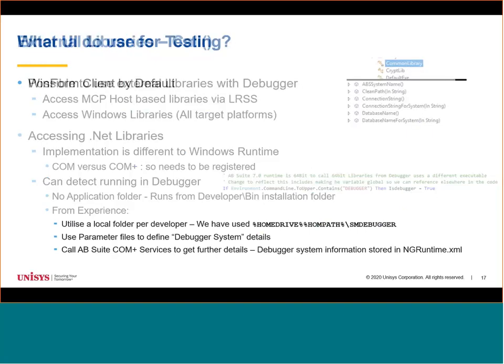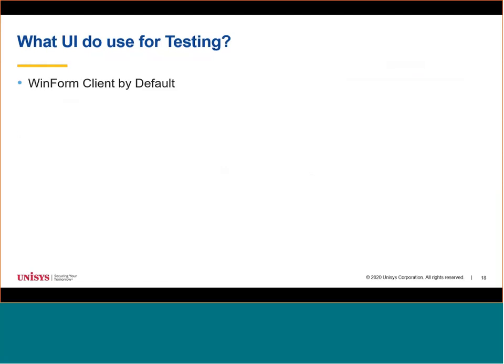Now, the other aspect of mimicking your runtime environment is to do with the UI. By default, when you're using Debugger, it uses the WinForm client. The WinForm client is a Windows-based environment, and it will display whatever type of form you've got defined as the default for the segment.